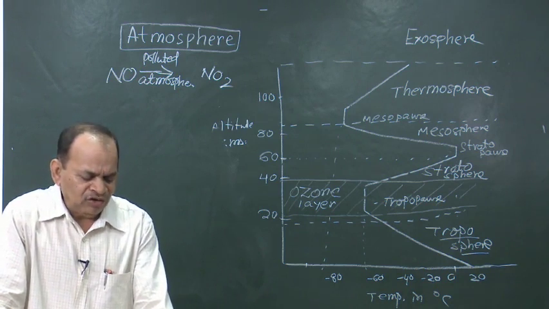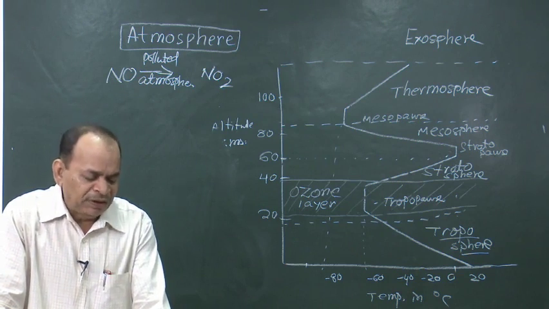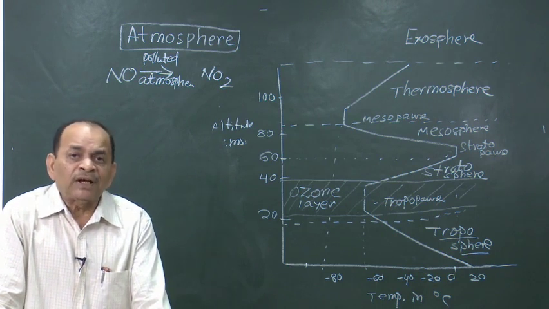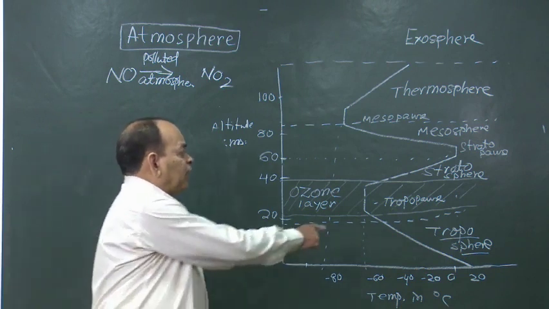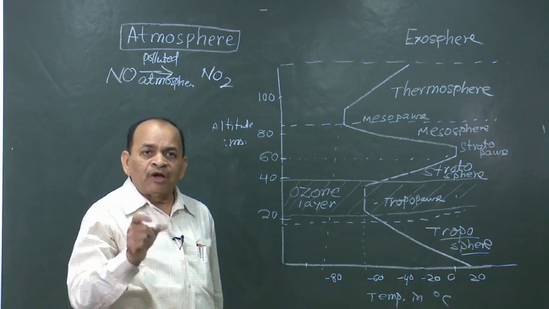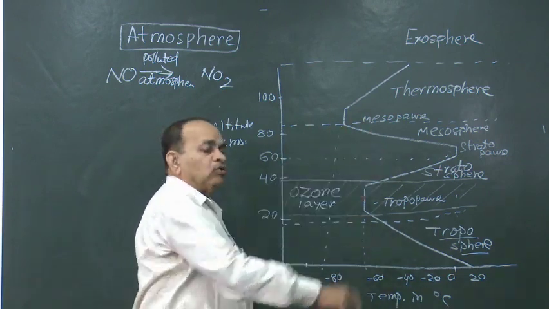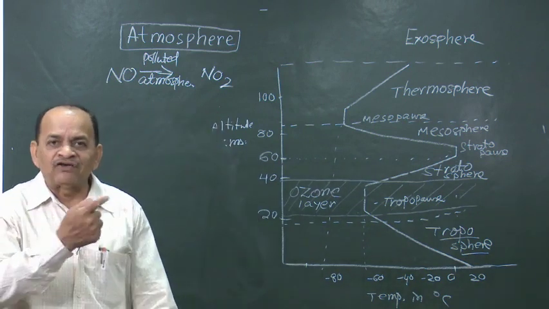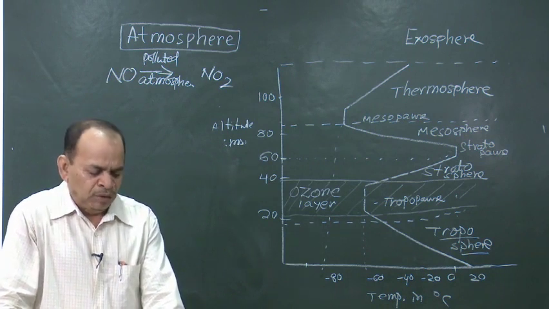The absence of a suitable medium to absorb UV results in the decrease of temperature, because there is no layer which can absorb UV. As you have seen, the ozone absorbs UV, so temperature increases, and here there is no such layer which can absorb UV, so temperature decreases.